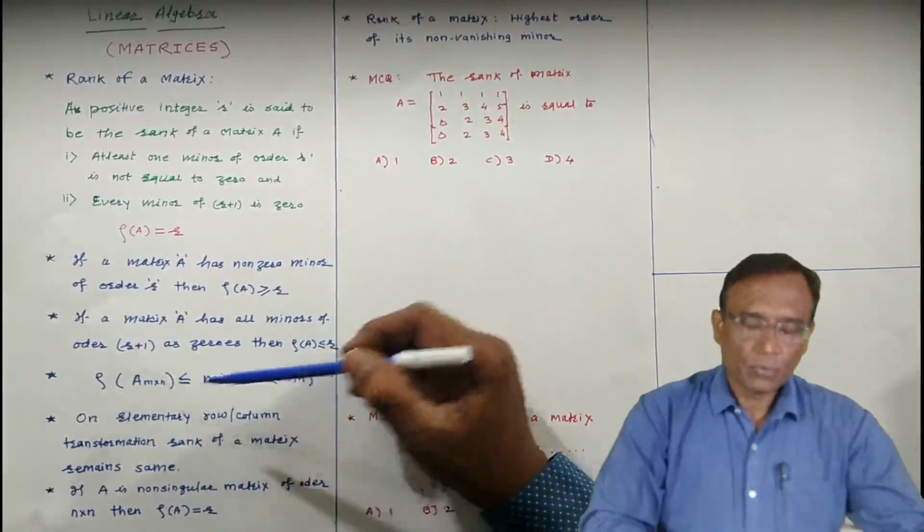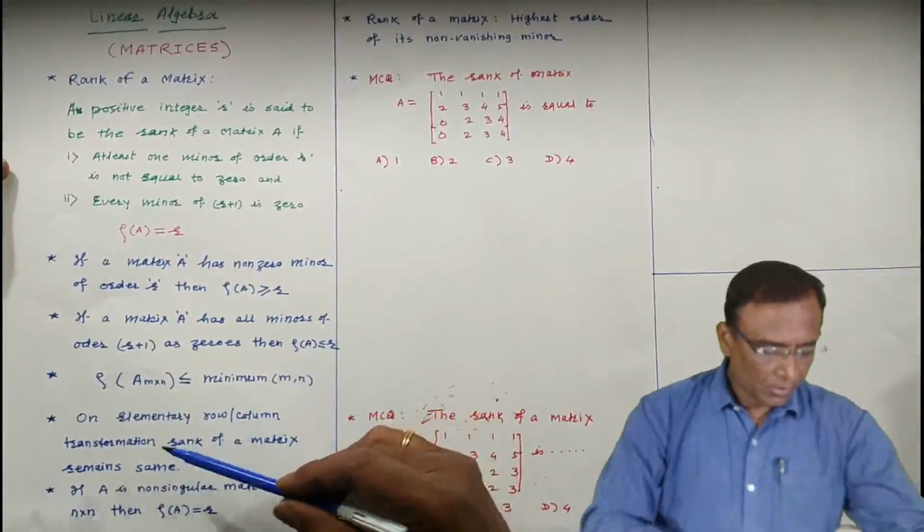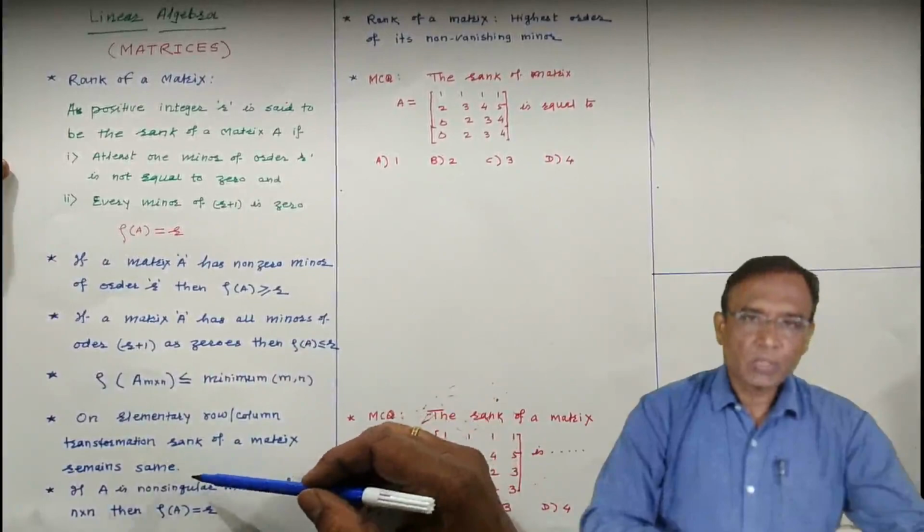On elementary row and column transformation, the rank of the matrix remains the same.